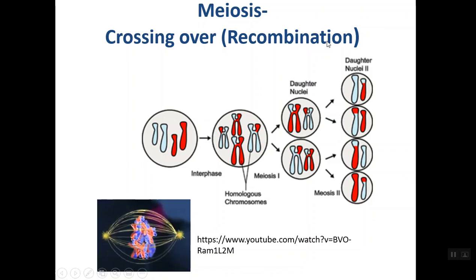It is another mechanism that ensures variability, because this crossing over is very random. It never happens the same in any of the cell divisions that happen during the formation of gametes of an individual. And so it represents an additional way to create different combinations of alleles. Okay, so crossing over is another mechanism to generate variation in offspring.